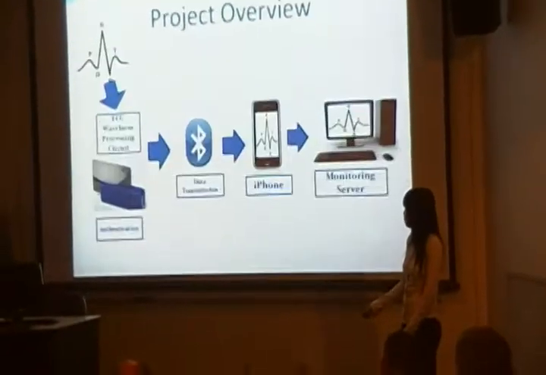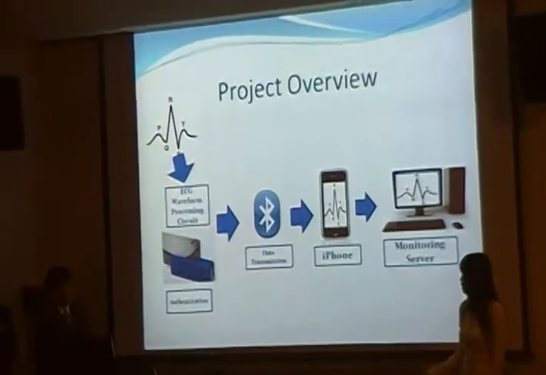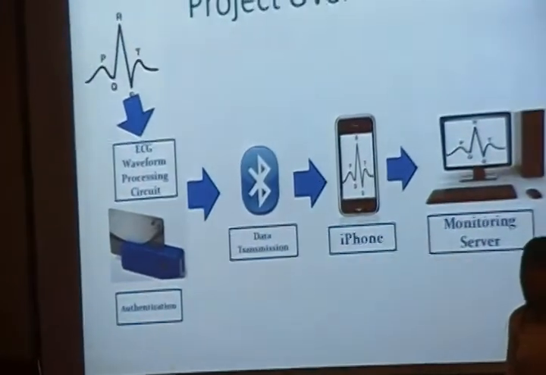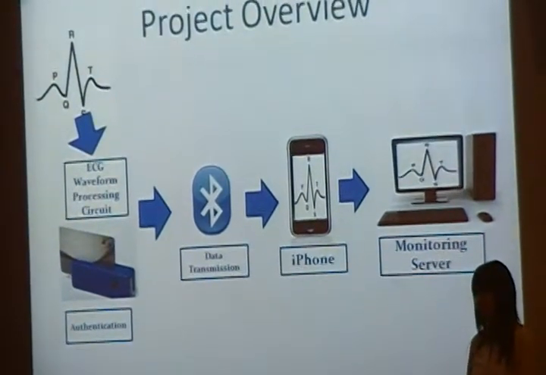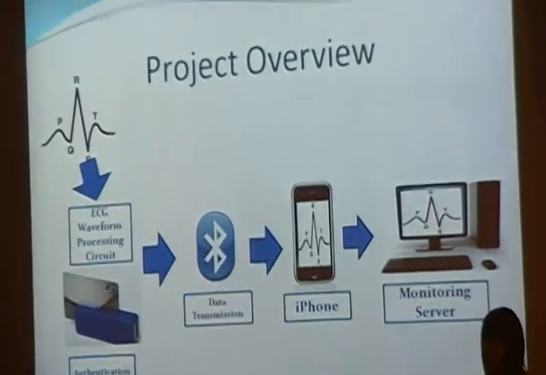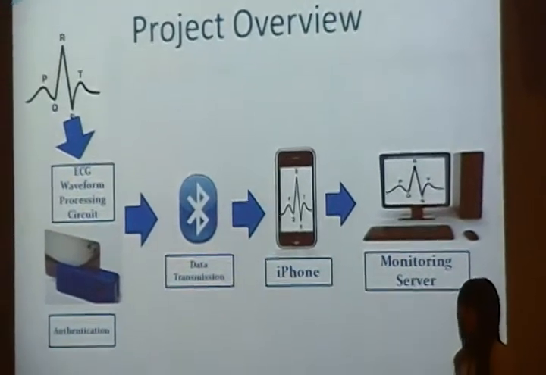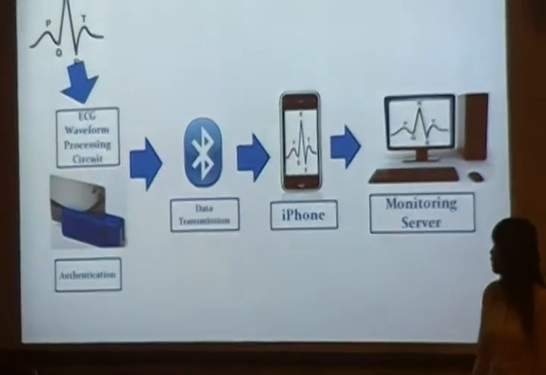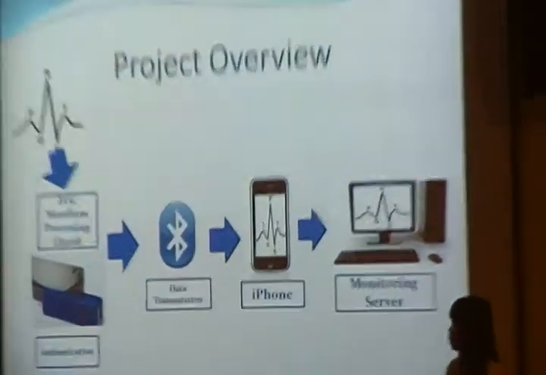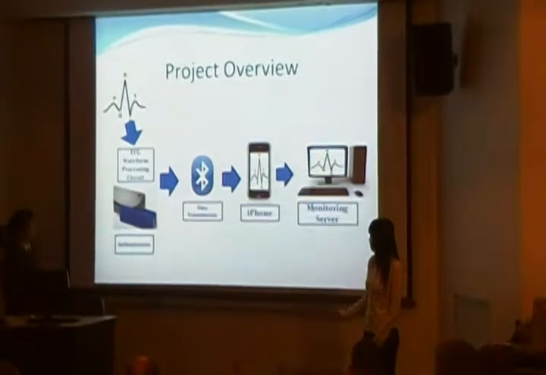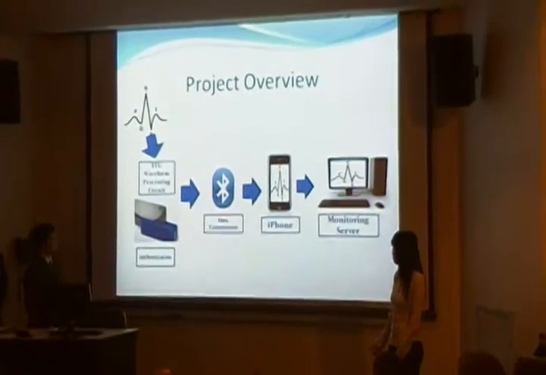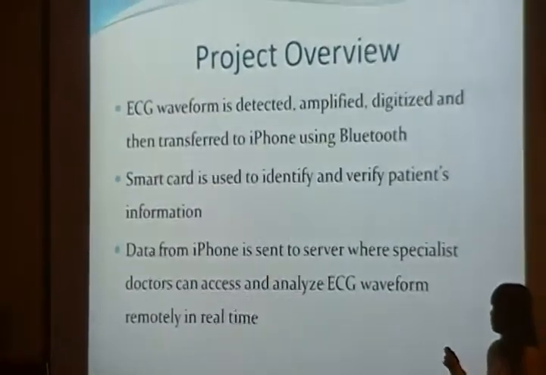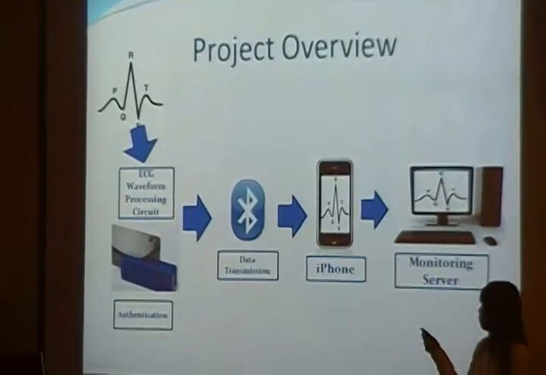Therefore, we decided to build our project, which can transfer the ECG waveform from the patient to the server where the doctor can analyze it and know whether the patient is safe or needs emergency help immediately. So here's our project. It has 4 main components: the ECG waveform processing circuit, authentication, data transmission, and an iPhone.